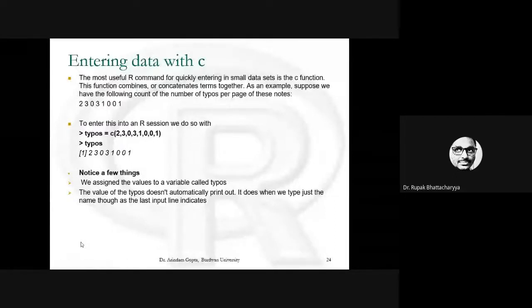We assign the values to a variable called typos. The value of the typos does not automatically print out. It does when we type just the name, though, as the last input line indicates.